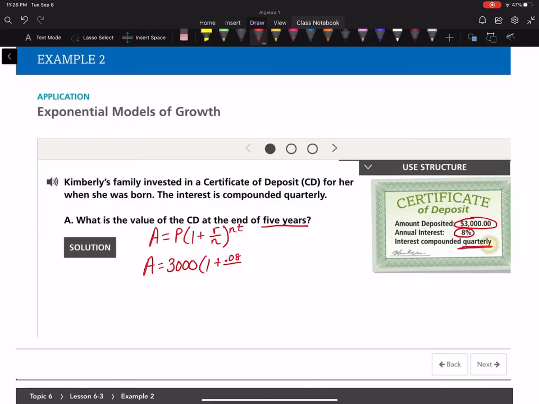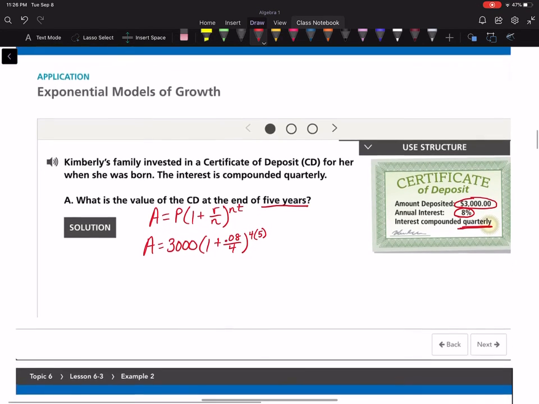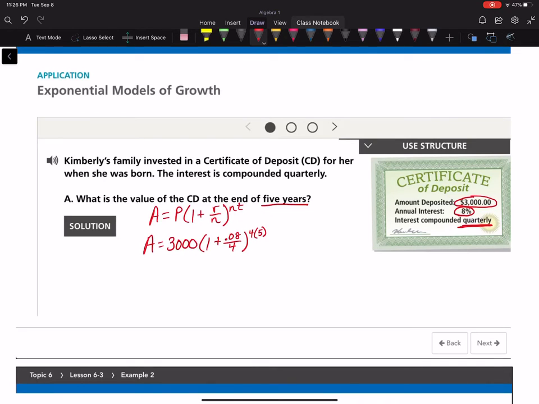Every 3 months is when we're doing this. That's what quarterly is. But quarterly is how many times it's being compounded per year. So it's being compounded 4 times per year. And then times, N again is 4, and then T is 5. So 5 years, compounded 4 times.